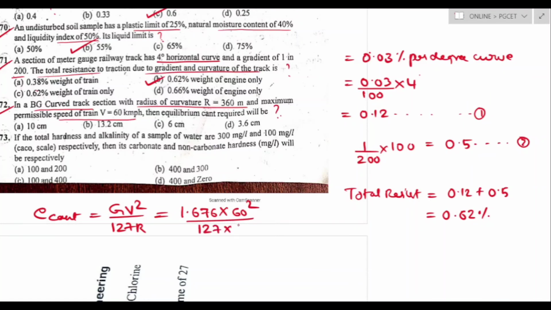R is the radius of curvature, that is 360 meter. So you will get the equilibrium cant is equal to 0.1319 meter, that is equal to 13.19 centimeter. So option B is the right answer.